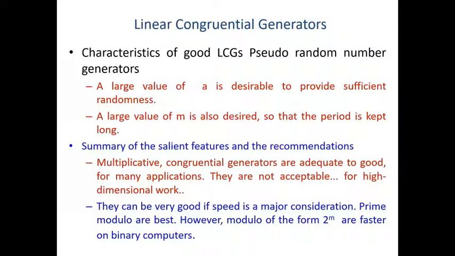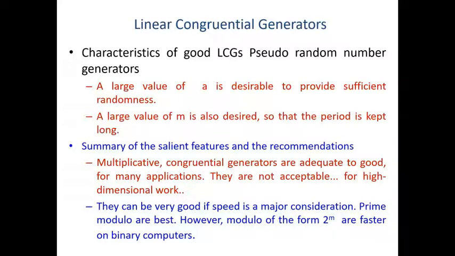So what are the salient features of LCGs? Multiplicative congruential generators are adequate to good for many applications, but they are not preferable for high dimensional work like cryptographic applications. Especially they are used in applications where speed is a major concern. Wherever I want good speed, fast generators, these LCGs are commonly used.